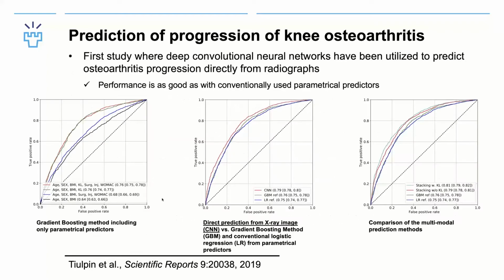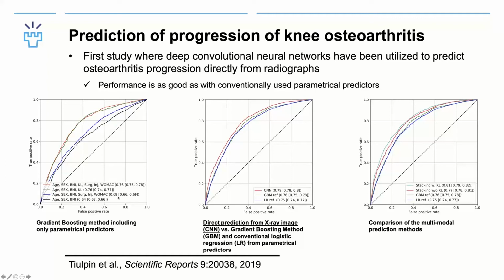And this was actually the first study where deep convolutional neural networks were utilized to predict osteoarthritis progression directly from radiographs. And we got a quite interesting finding here: the performance was as good as with conventionally used parametric predictors. So we compared the prediction directly from the image with typically used parameters like age, sex, body mass index, whether you have had a surgery or an injury earlier, and what kind of symptoms you have.